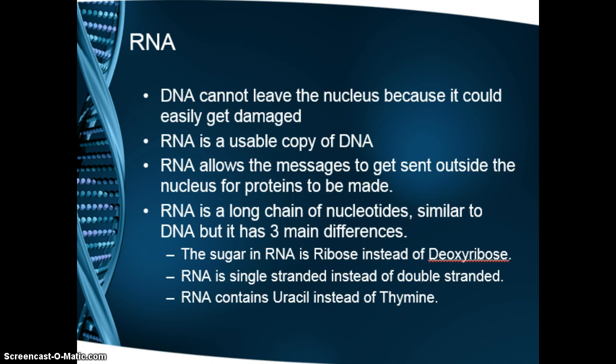So remember, we have our double helix, kind of twisted ladder structure for DNA. RNA is just a single strand. RNA contains uracil instead of thymine. So how thymine is complementary to adenine, RNA is going to have the uracil instead of that.